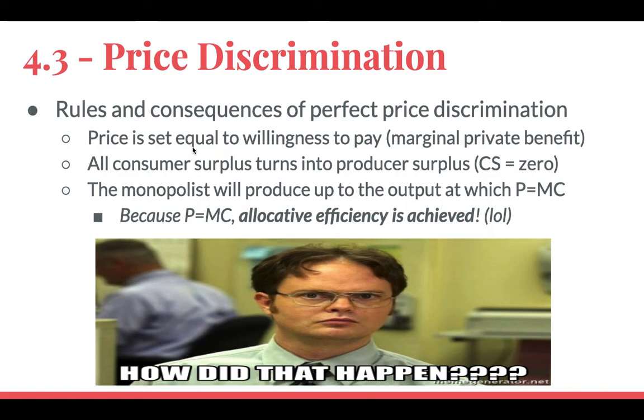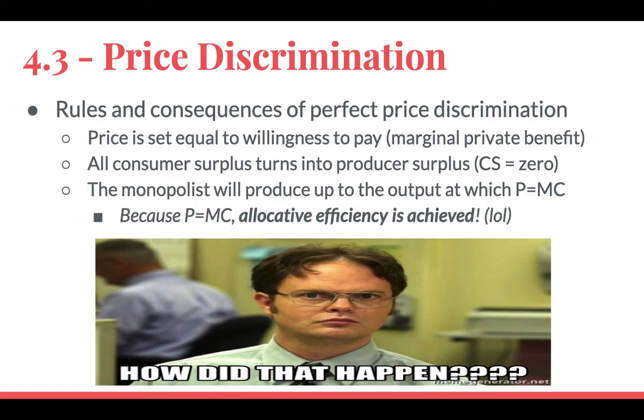Therefore, if price is equal to willingness to pay for each individual customer, consumer surplus in the market is going to be zero. What the monopolist is essentially doing is trying to gobble up all of that extra consumer surplus that they can take and turn into profit for themselves.